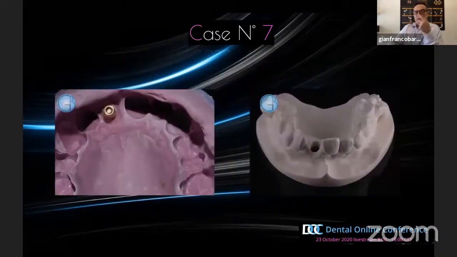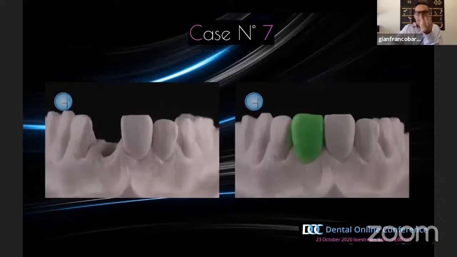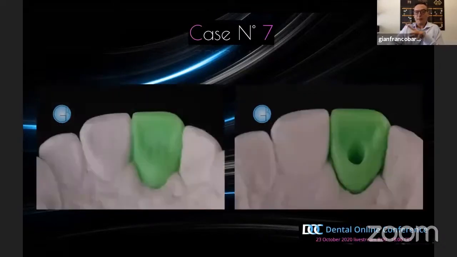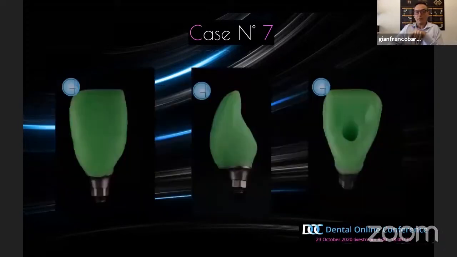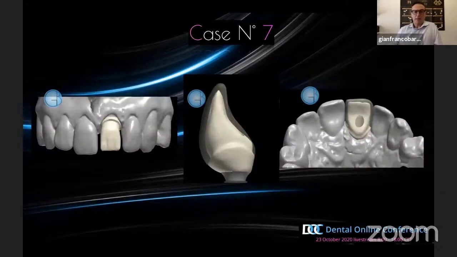After this, we wait for the healing, take the impression, and restart with the wax-up, totally wax-up, screw channel, design the correct emergence, and scan it to produce the shape that we designed by wax, we designed by the temporary.